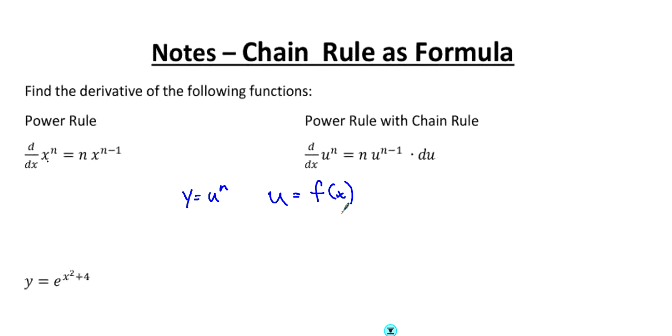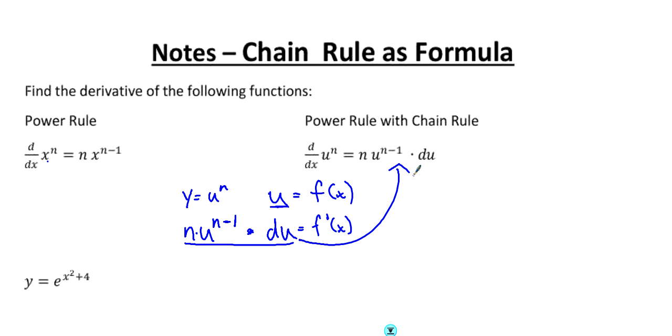Then we would take the derivative of both of these, and the derivative of u to the n would be n times u to the n minus 1 power. And then we'd multiply that by the derivative of u, which would be, say, f prime of x. And then we'd multiply those, and this, explicitly being chain rule, is that formula right there.